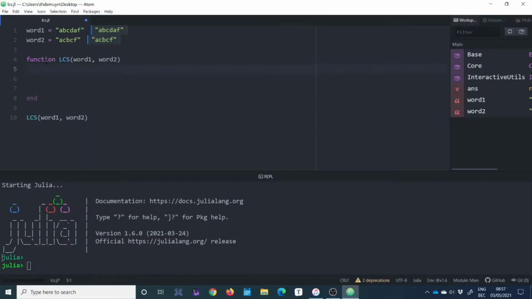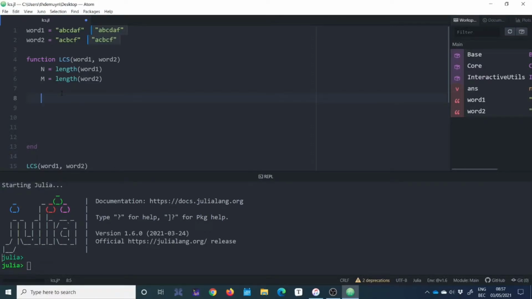First, let's store the length of word 1 as n, and m is going to be the length of word 2. I'm going to look at substrings, so I give it the length of the first word and the second word, and then the value v will be a function of these 2 numbers.